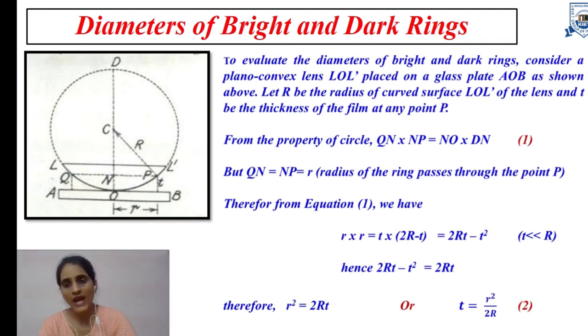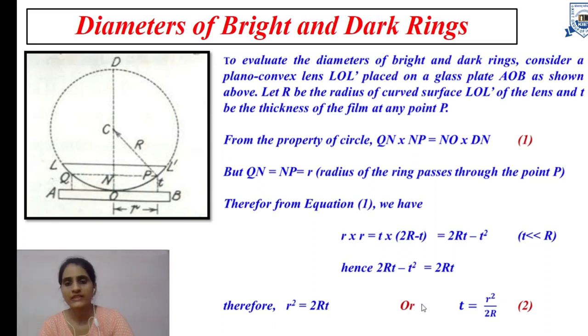If I square the value, that t square will also be very small in comparison to capital R, so we will neglect the term t square. So 2Rt minus t square will be written as 2Rt, where t square is neglected in comparison to 2Rt. From here the equation reduces to r square equal to 2Rt.